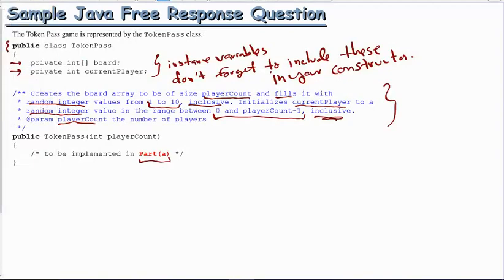And once again, I have an integer array called board. It's already been declared. I don't need to declare it again. I just need to instantiate it. So I'm going to take these two with me.